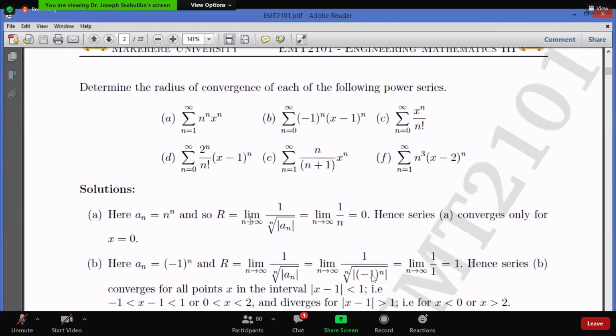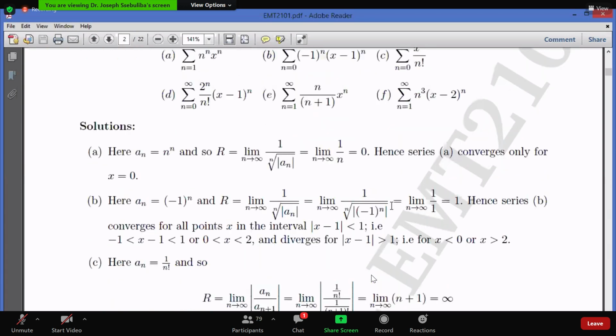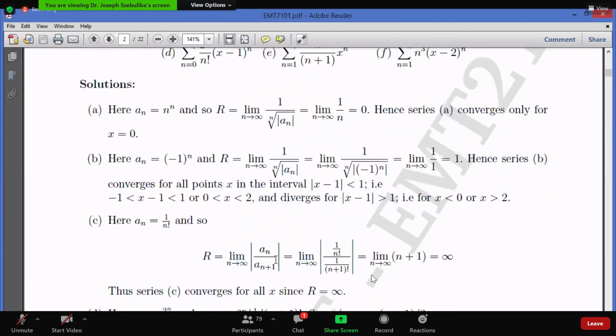So we have example 2, that is the B, that is this one here. This is now your an again. an is minus 1 to the n, then x minus 1, that is this one here. So since it is an which is minus 1 to the n, again we'll use the root test, that is the limit of this, which is this one here.